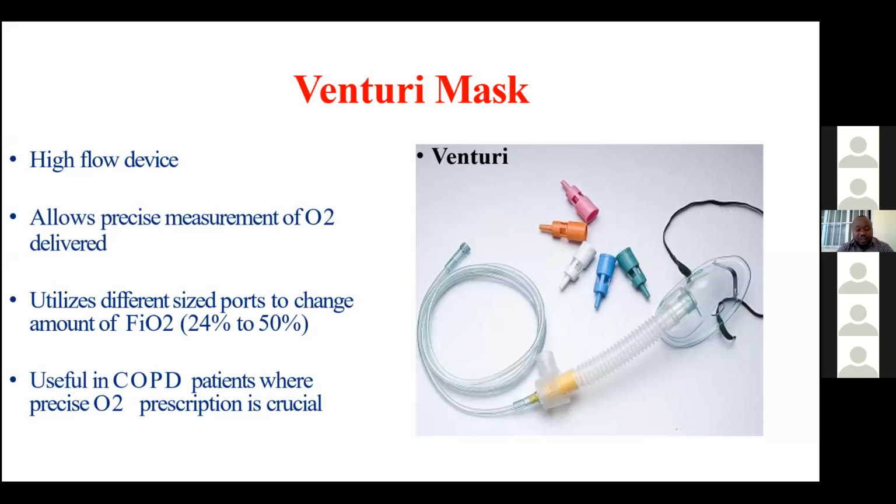But I hope from this presentation you will go and see if you have them and use them because it is appropriate. It is a high flow device using a precise measurement, and we deliver a constant FiO2 as we need, as we discussed in the previous presentation on the difference between low flow and high flow delivery devices.